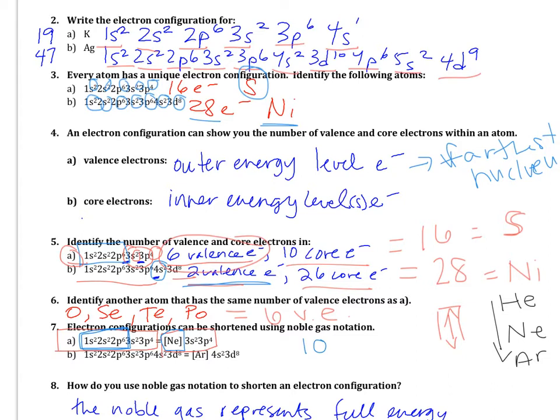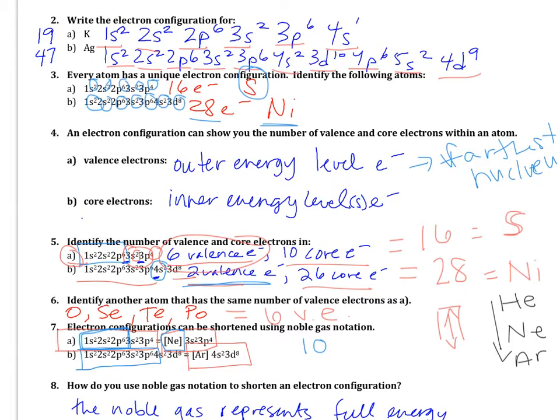The same holds true for my next example. Here you can see I have quite an extensive electron configuration, but I have shortened it by writing Ar, argon, which is one of our noble gases, and the electron configuration for argon ends at 3p6.